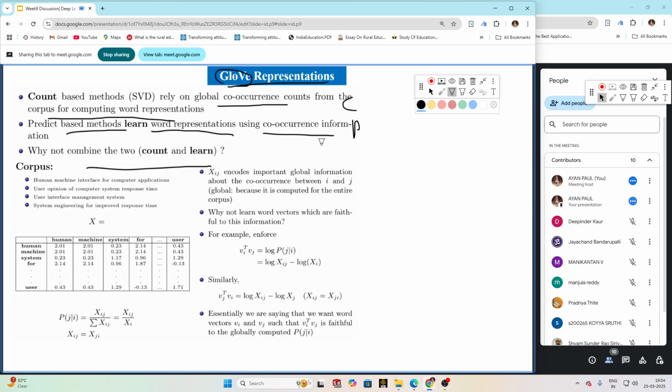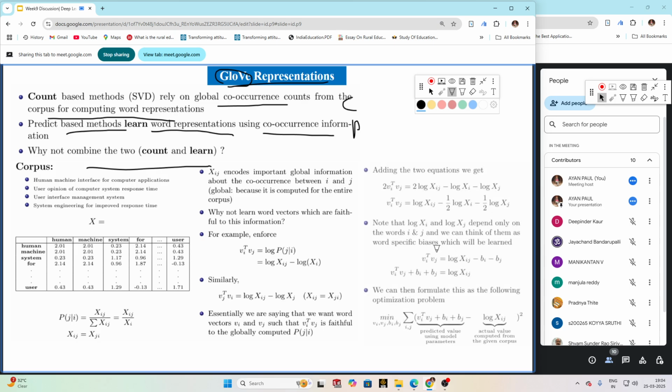GloVe is the short form of global vector. Again, I am not going much into the maths, but this is the co-occurrence matrix, and this Xij is nothing but your PPMI, that is how much these two words come together.